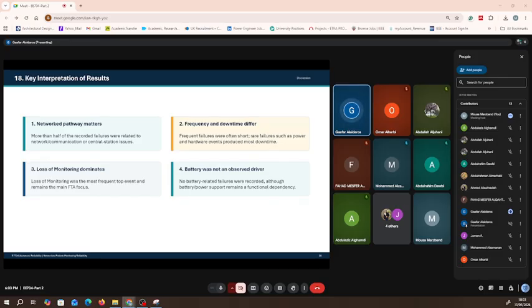Third, loss of monitoring was the most frequent top event and remains the main focus of the FTA. Fourth, battery was not an observed driver. No battery-related failures were recorded in the failure log. Overall, this result shows the reliability improvement should be system-level, data-driven, and risk-based.